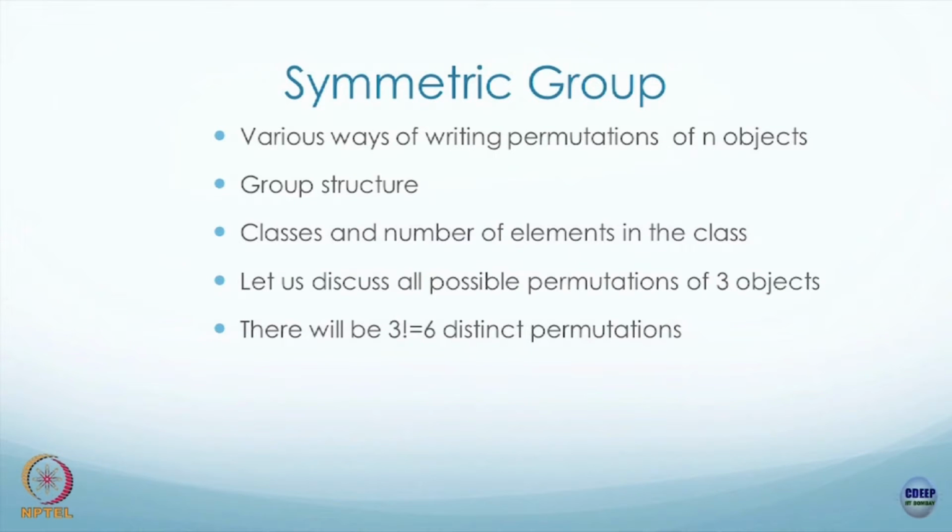The reason I call this symmetric group with 6 elements will be clear: there will be an isomorphism between this permutation group and this abstract group. We will see that this abstract group with 2 generators A and B will have some isomorphism to the permutations of 3 objects. That is why it has been termed as symmetric.